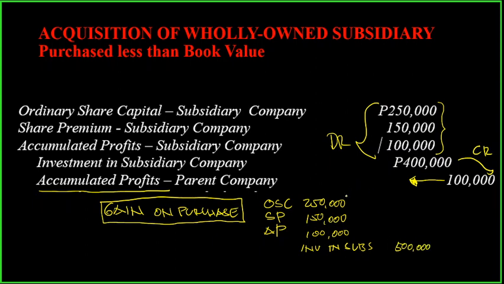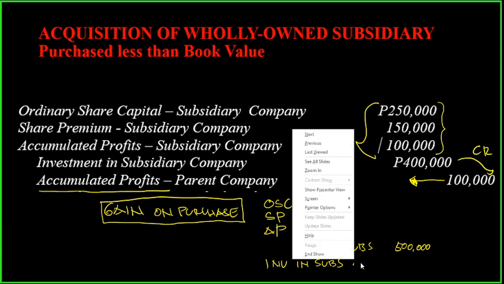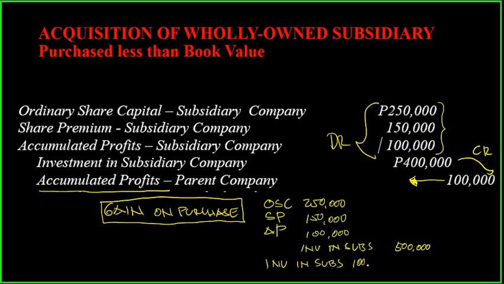Oh wait, there's more. This is just the elimination entry to eliminate the book values of net assets acquired. Another entry will be a debit to investment in subsidiary amounting to 100,000, and a credit to accumulated profits or retained earnings amounting to 100,000.